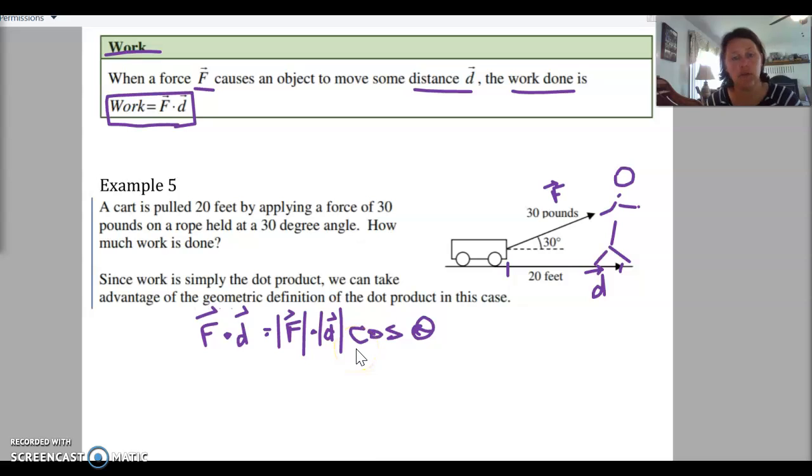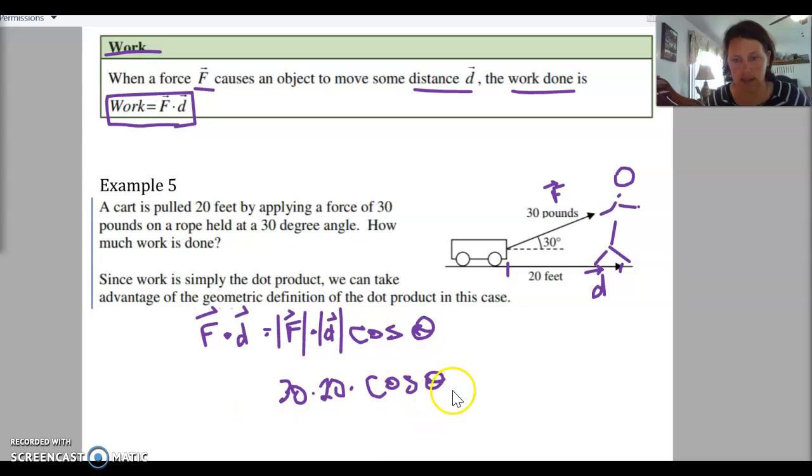This is actually what they give us. They give us the magnitude of the force vector, which is 30. They also give us the magnitude of the distance vector, which is 20. So we've got 30 times 20 times the cosine of theta.